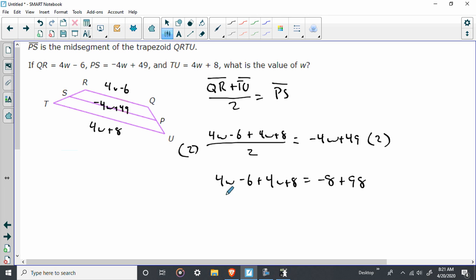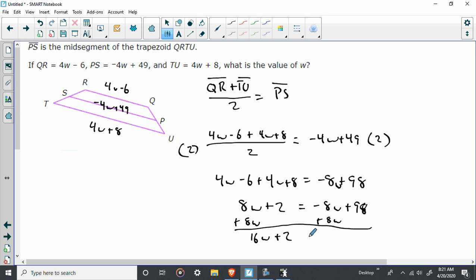Again, 4W and 4W is going to be 8W. Negative 6 and positive 8 is going to be 2. That's going to equal negative 8W plus 98. Let's add 8W to both sides. 16W plus 2 is equal to 98.